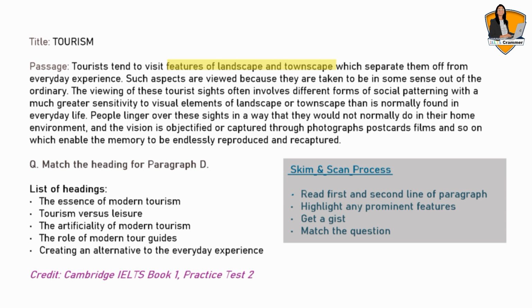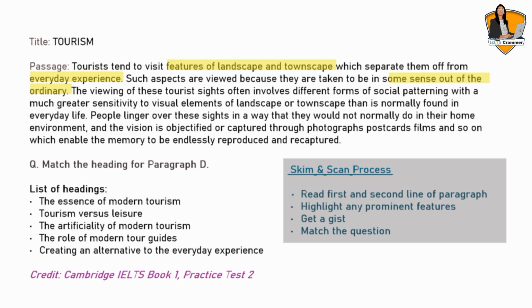Separate them off from everyday experience. I'll again highlight everyday experience because it is something different. Then the second line, such aspects are viewed because they are taken to be in some sense out of the ordinary. So again, some sense out of the ordinary. Now again, that sounds something which we can highlight. It can be something important in the paragraph.